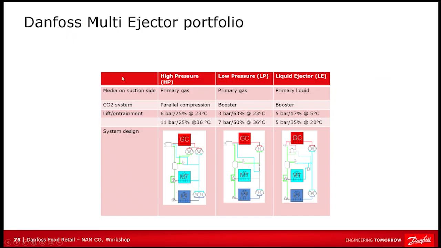And then there are also environment or temperature considerations. So high pressure and low pressure vapor ejectors may be a little more tailored towards stores and locations where it's generally warmer for larger parts of the year, whereas the liquid ejector may be a better fit for some of your colder climates, to be able to take the energy savings out of it for a longer period of time.